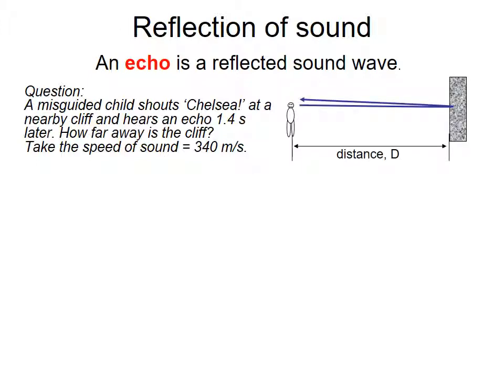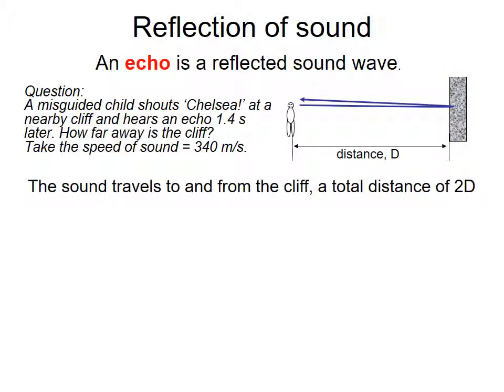Right, so maybe a diagram could help. So here is this foolish child who thinks Chelsea's going to win the FA Cup near the cliff here at a certain distance d. So the sound travels to and from the cliff a total distance of 2d.